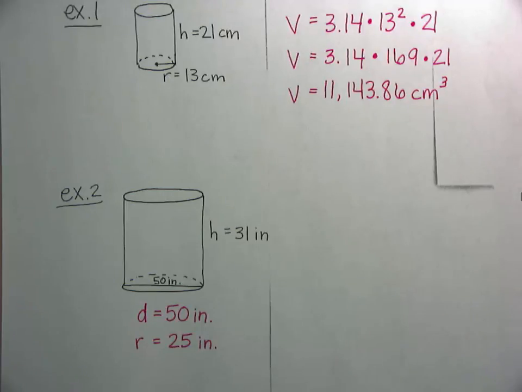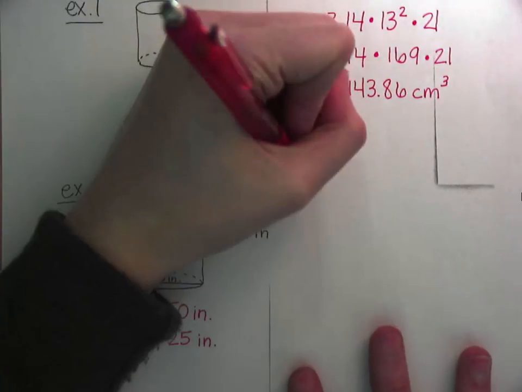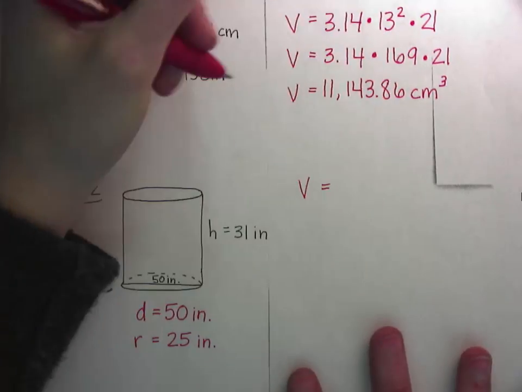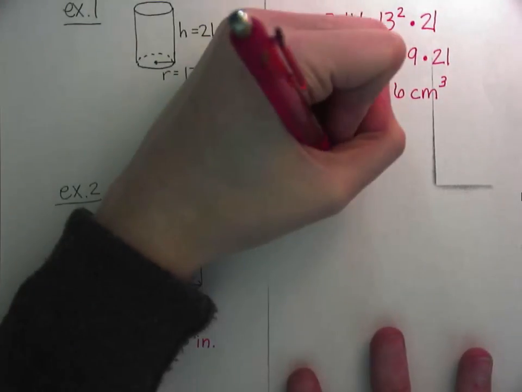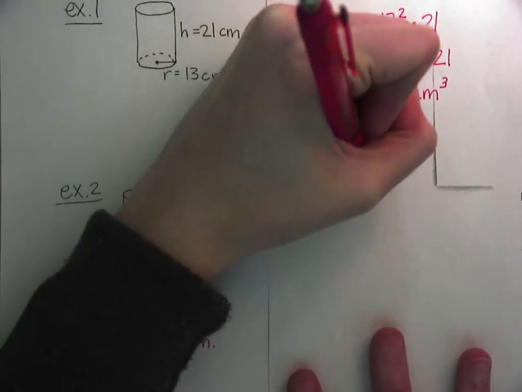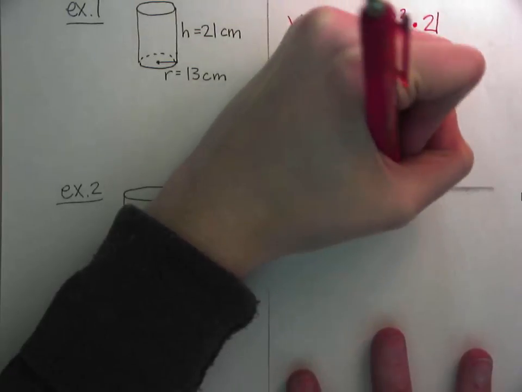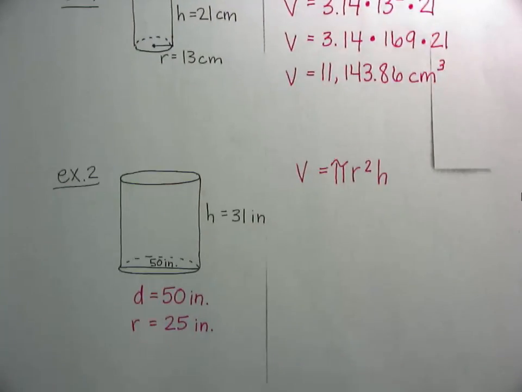So, Gavin, what's my formula for the volume of a cylinder? There's step 1. Okay, step 2. Here, okay?